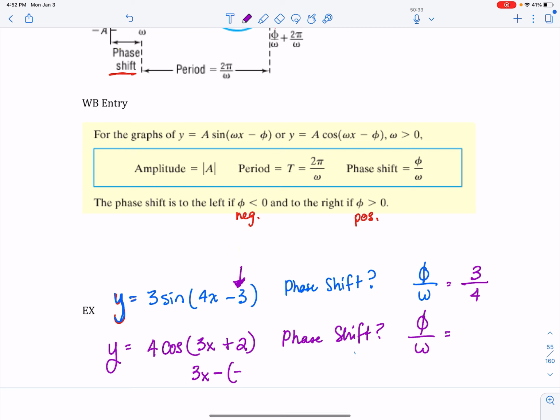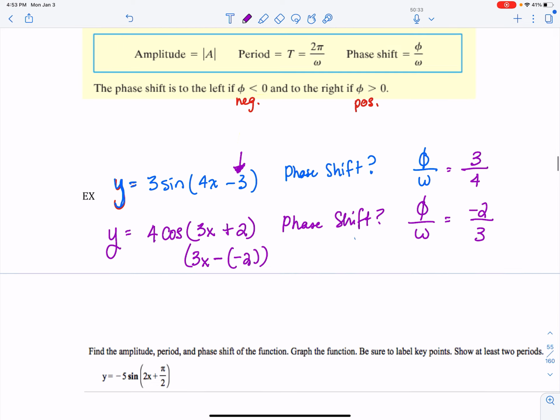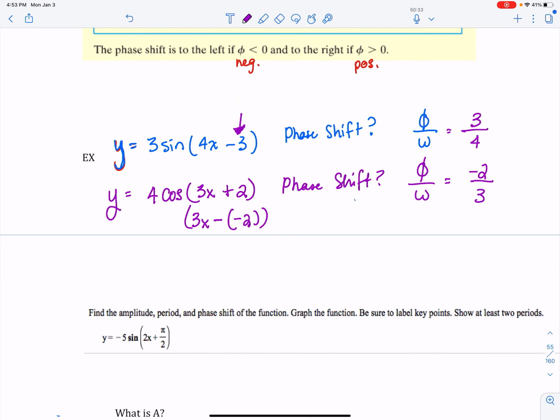So to get a positive 2, I have to have a -2. So phi is -2, and omega in this case is 3. So the phase shift is -2/3. Okay, so there are 2 quick examples showing you the difference between a positive phase shift and a negative phase shift.